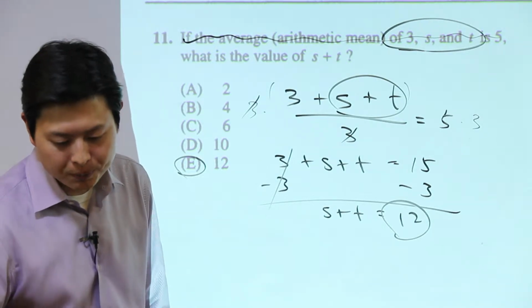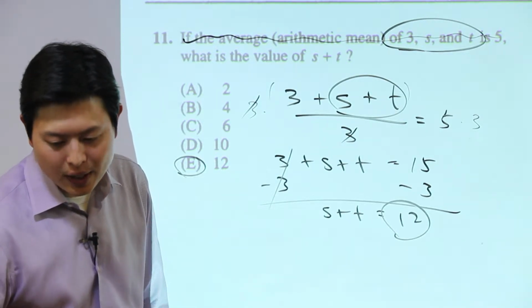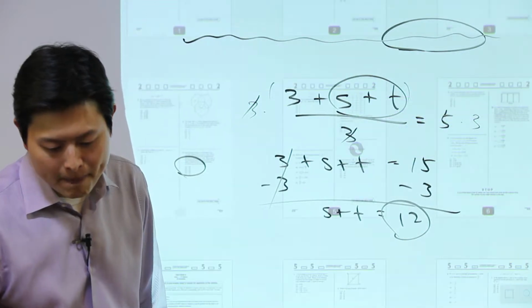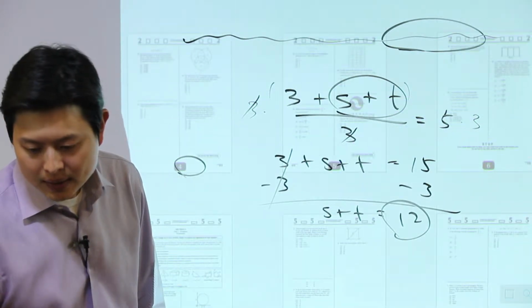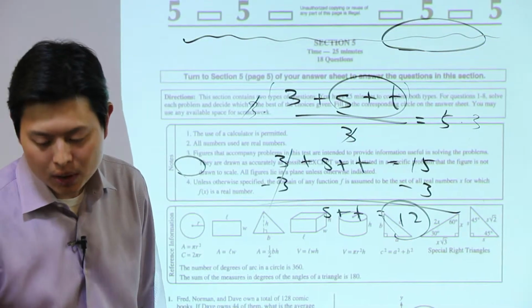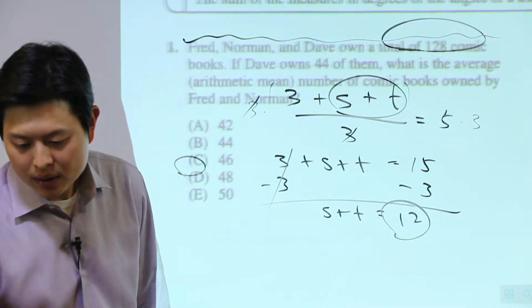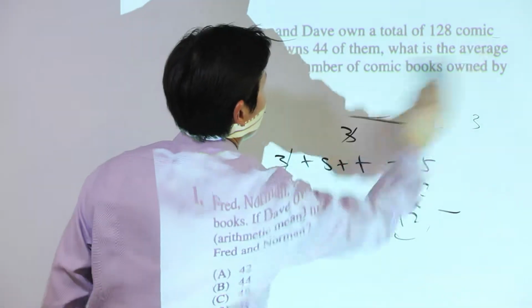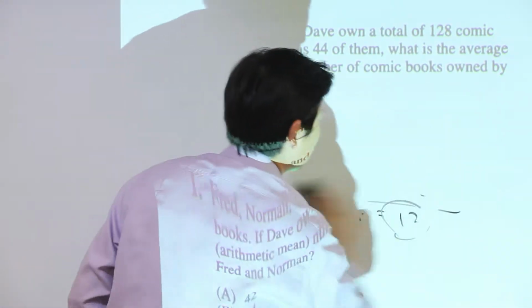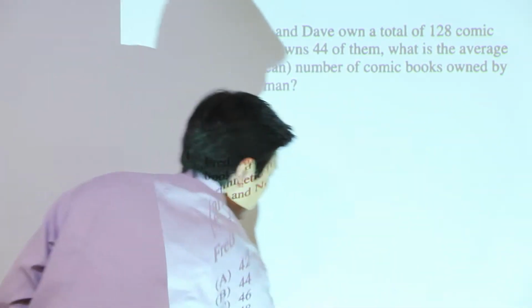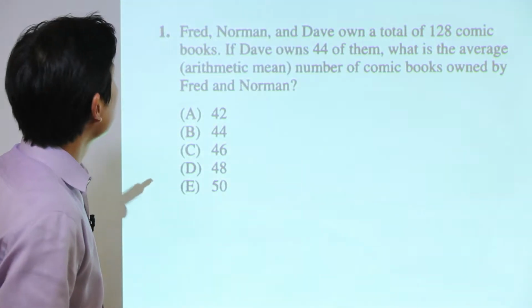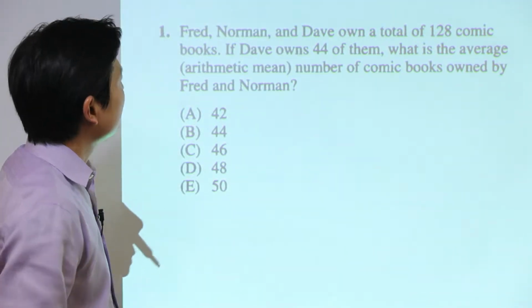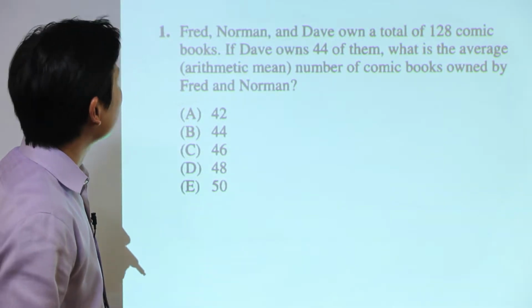Let's go to section 5, number 1. All right, so Fred, Norman, and Dave own a total of 128 comic books, right?